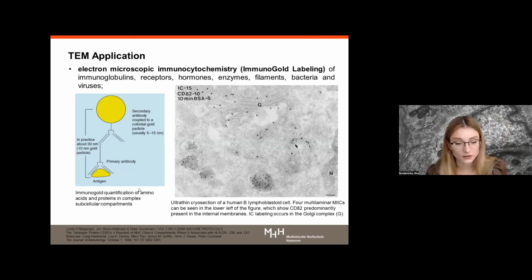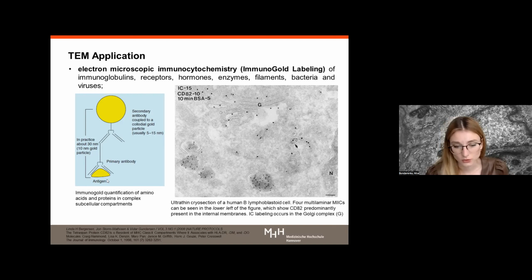So how does it work? We use a primary antibody against the antigen and a secondary antibody coupled with a colloidal gold particle, and the size of this particle is between 5 and 15 nanometers.